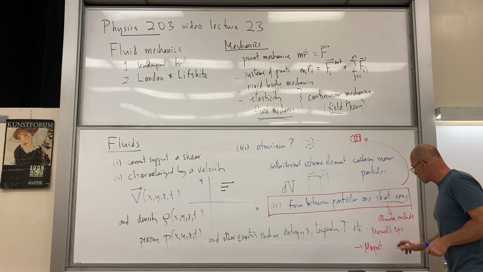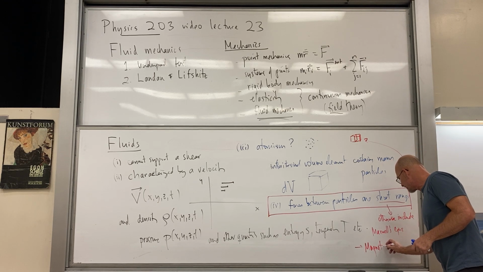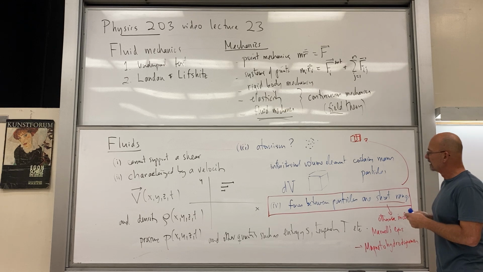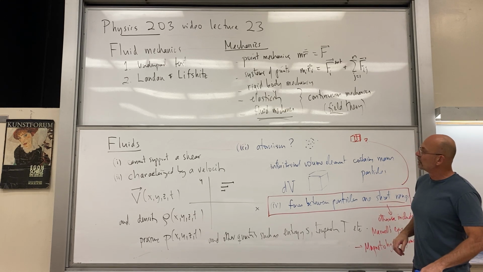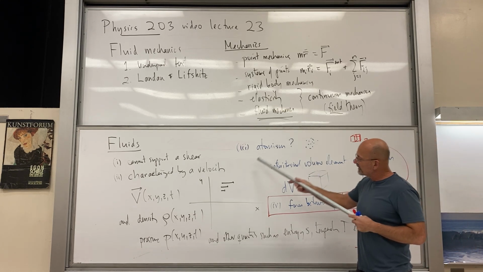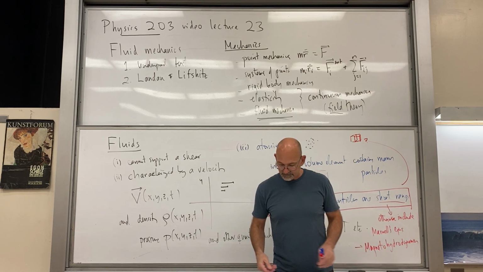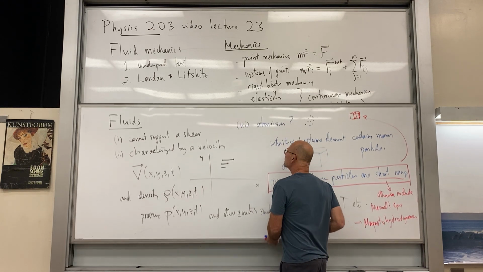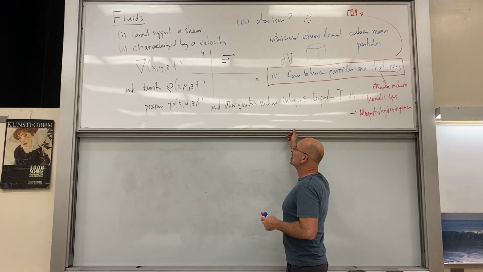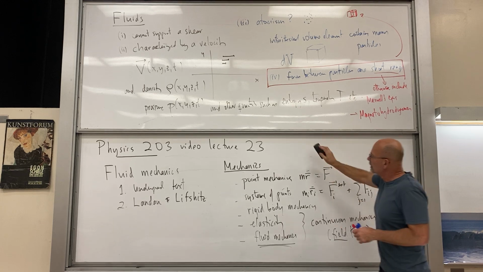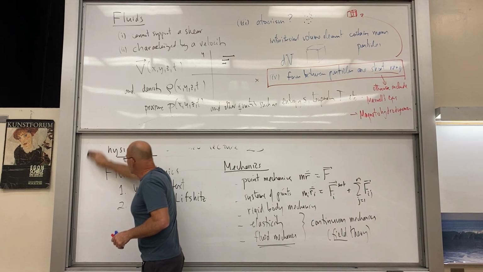So if you hear the word, then you'll know what's going on there. Okay, good. So those are the prerequisites, so to speak, to setting up equations of motion for the velocity field. The next thing we're going to do is derive the continuity equation.